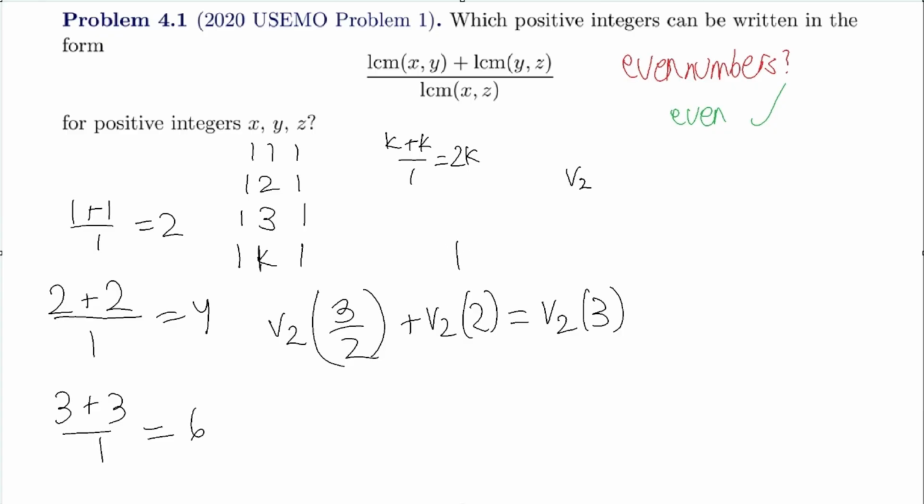So this is 1, this is 0, so nu2 of 3 halves is -1. And this kind of makes sense given that the 2 here is on the bottom, and we have a power of 2 right on the bottom here.